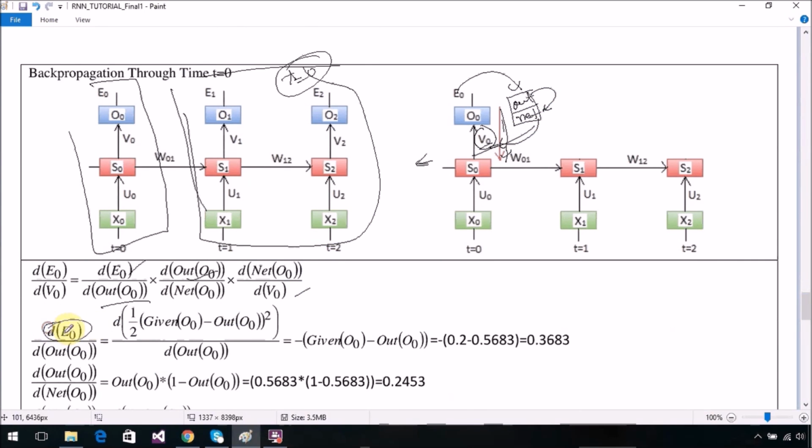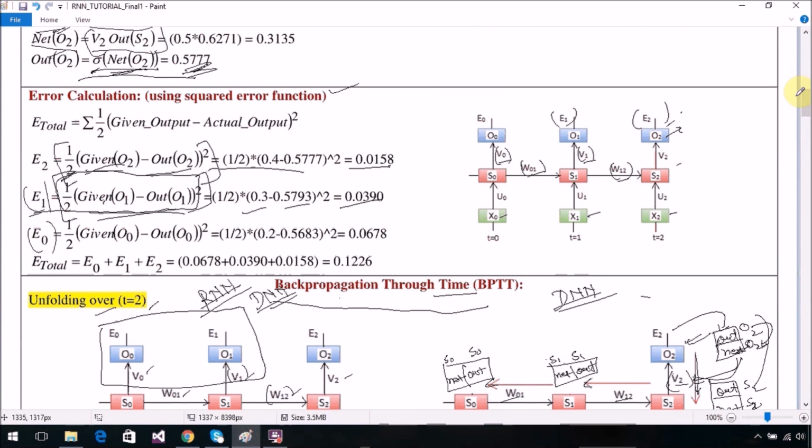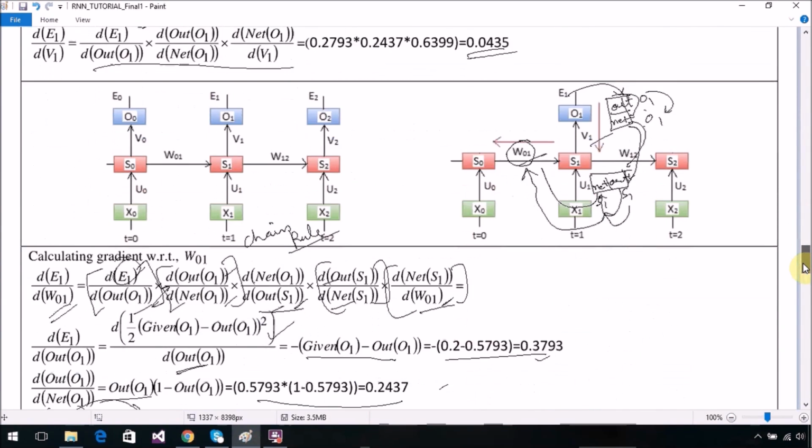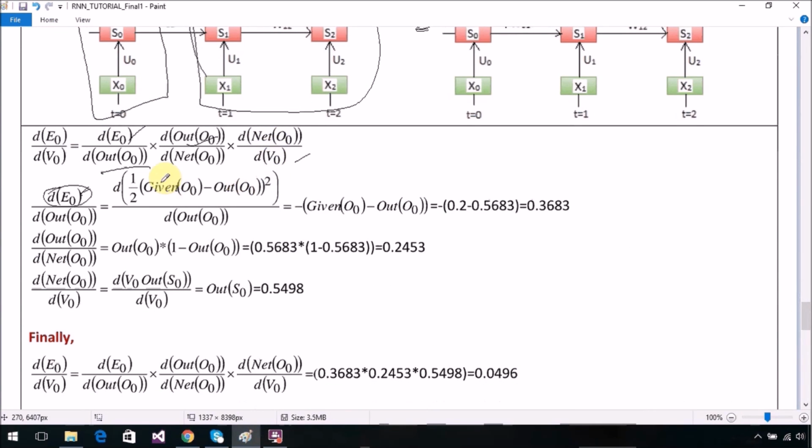So as we discussed earlier, the error function that we already calculated, we just put the value that we calculated for error function E0, and this is our error function. We just copy it here and take the differentiation. This will be the differentiation output.